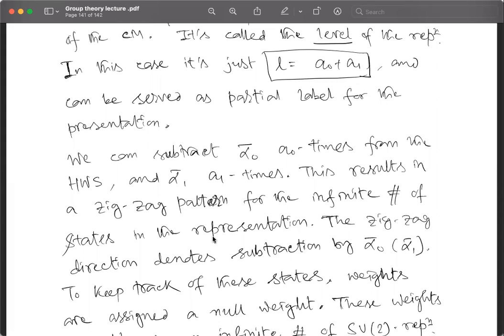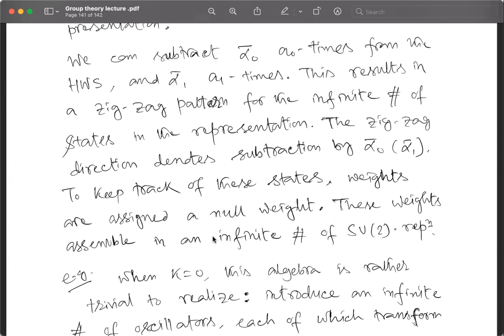And this results in a zigzag pattern for the infinite number of states in the representations. So this zigzag direction denotes subtraction by alpha_0, alpha_1. And to keep track of these states, weights are assigned a null weight. Okay. And these weights actually assemble an infinite number of SU2 representations.